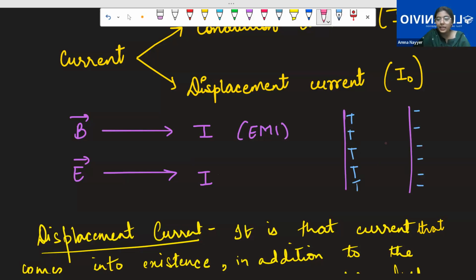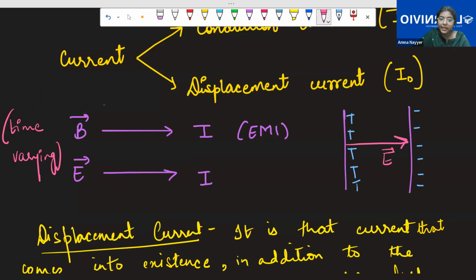In between them, an electric field will be existing. Now, in this chapter, we have studied time varying. These electric field and magnetic field are time varying. They are fluctuating with time.